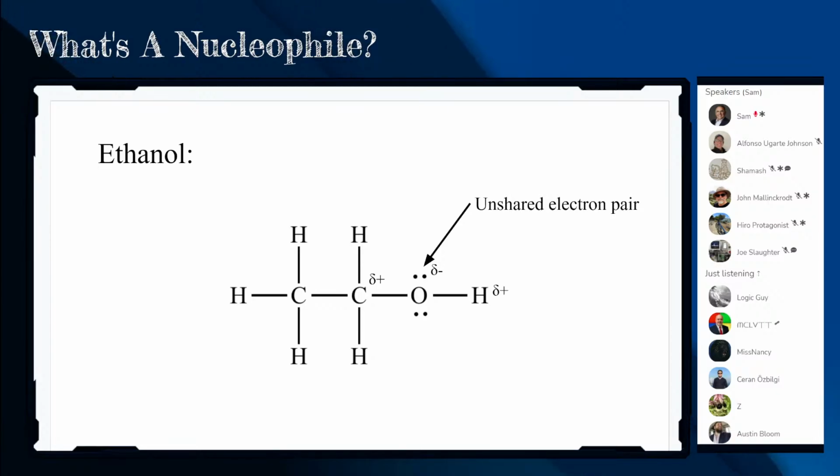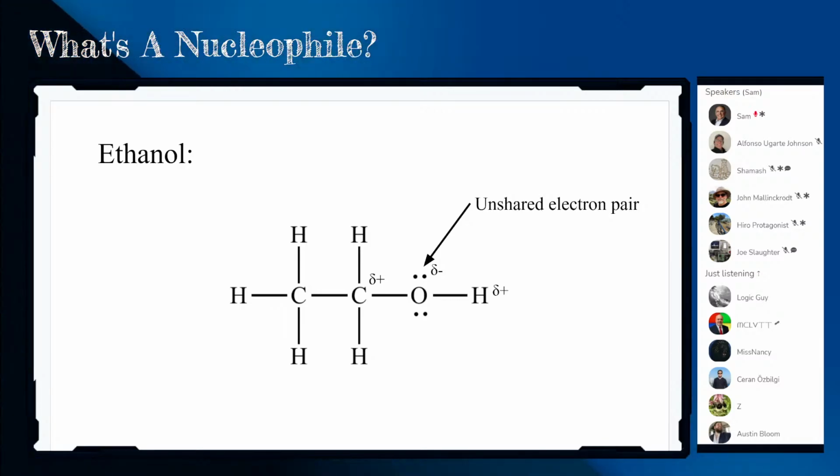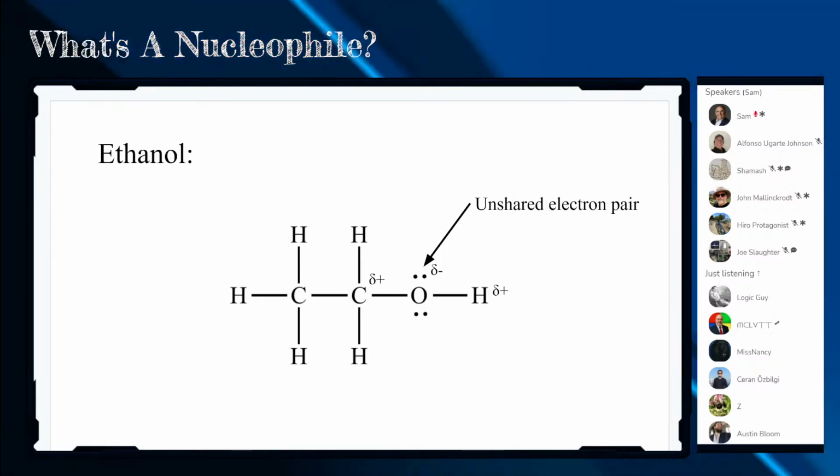And so there's a partial positive charge on both carbon and hydrogen, and a partial negative charge on oxygen. Now, if something that has a delta minus charge comes to ethanol, it now has two different places to attack.